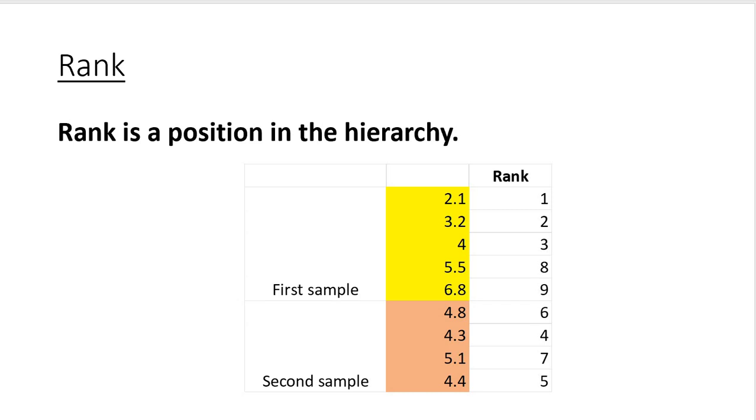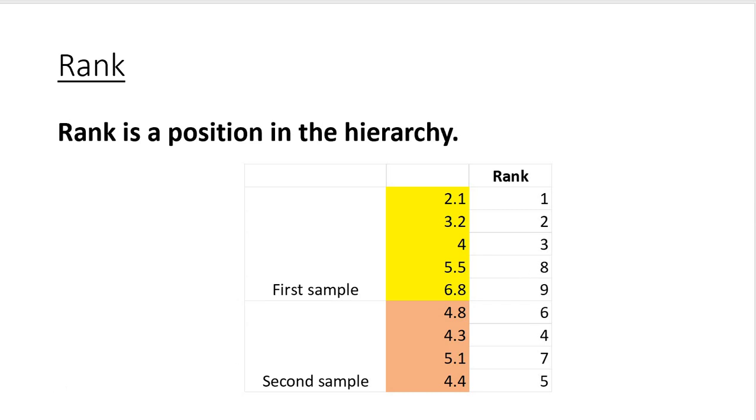So I put all the values for the first sample and the second sample in one column, and then I figure out the rank. For instance, there are 9 observations. 2.1 is the lowest offered price. That's why I assign rank 1. 6.8 is the highest one. That's why I assign rank 9. 5.5 is the second largest, so I assign rank 8, and so on and so forth.